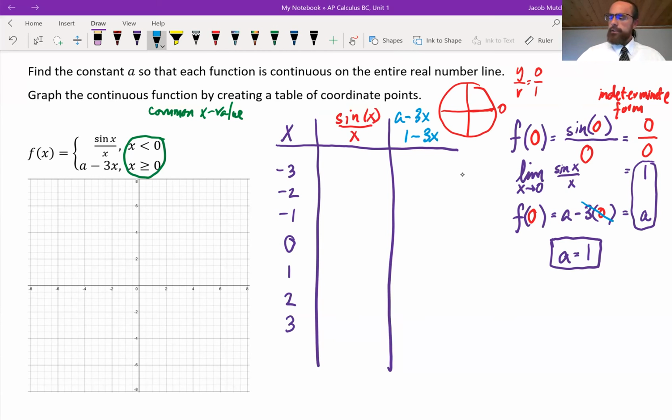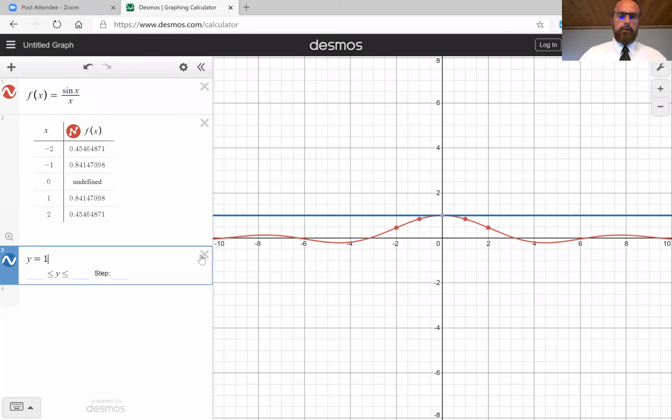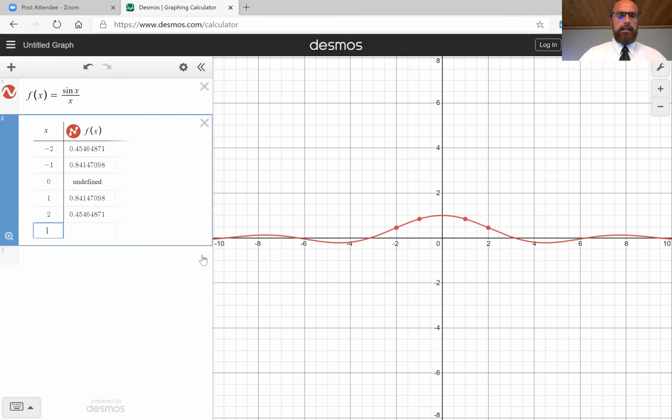So I want to create that table, 1 minus 3x and sine of x over x. And let's get those values. So we'd kind of looked at the sine of x over x already just to see what its value is at 0. I think we're good without that line now. So I'm going to record here.